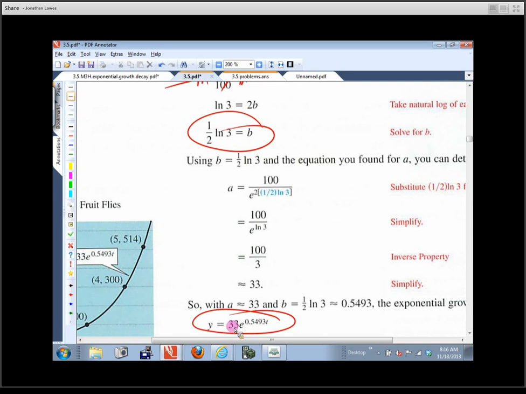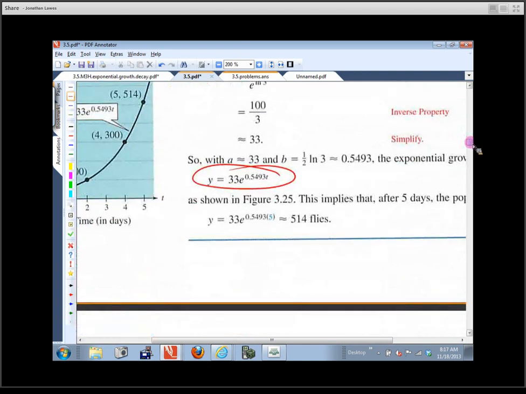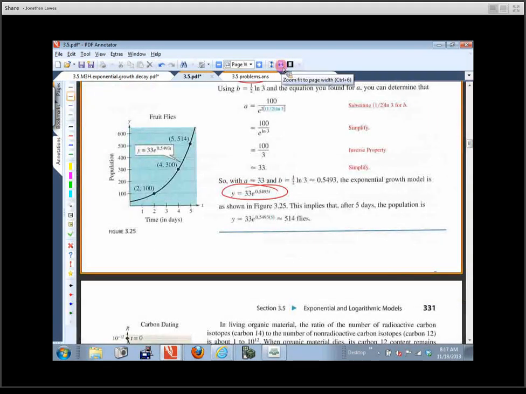If we were going to do this a little bit more precisely, we'd maybe carry this out a couple more decimal places, and we'd write 33.33, because 100 over 3 is 33.3 repeated. So there's going to be a little bit of rounding error there, but for the purposes of this problem, they're saying that's close enough, so I don't mind if you do that. I do think it would be a better idea to be a little bit more accurate.